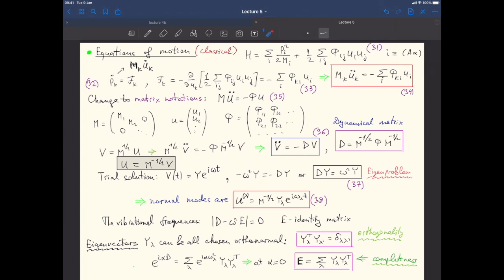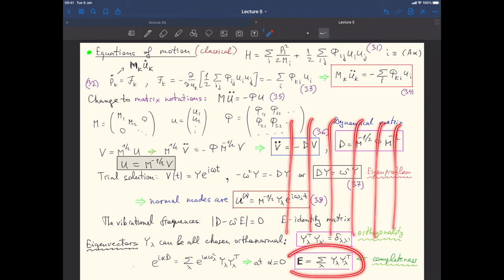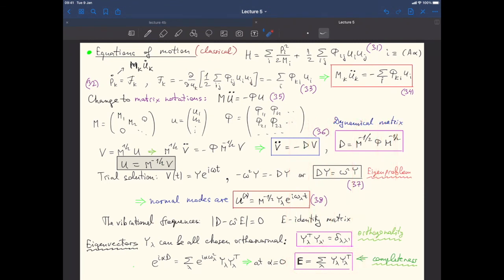But by the same token, the rows of the same matrix will also be orthogonal and normalized to 1. And therefore, if you write this condition in this way, remember, each column corresponds to a new lambda, you will arrive at that condition of completeness. So this is just a consequence of the fact that the modal matrix is an orthogonal matrix.